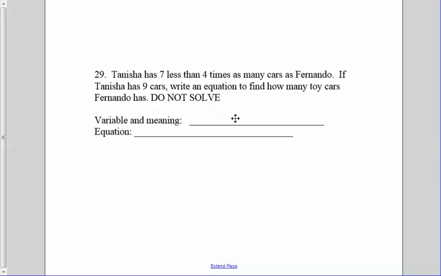And before, I was not having you solve it because we haven't solved two-step equations yet. Well, here, when we look at our variable, I'm going to say that F is the number of cars Fernando has. And when I write my equation, I can see that Tanisha has 7 less than 4 times as many cars as Fernando.